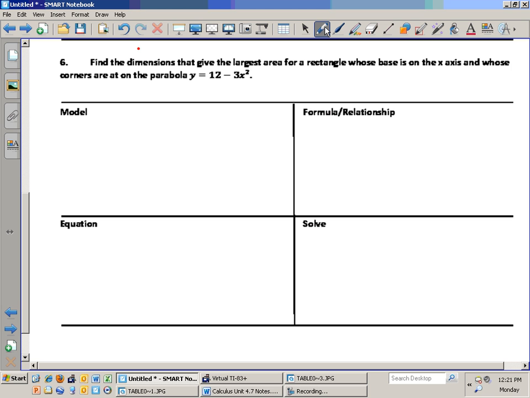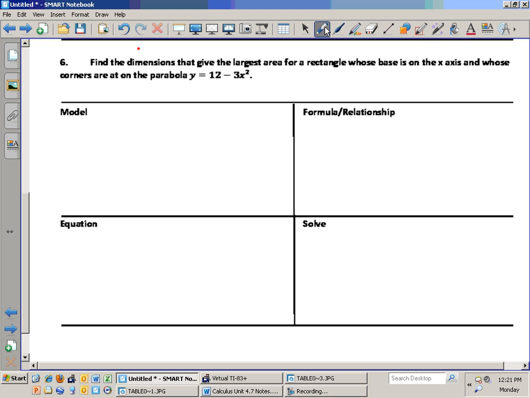It says, find the dimensions that give the largest area for a rectangle whose base is on the x-axis and whose corners are at the parabola y equals 12 minus 3x squared. What a great problem. So, doesn't make a whole lot of sense right now, so let's draw it.